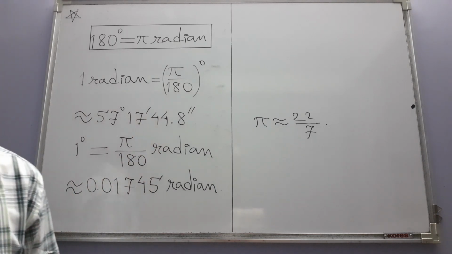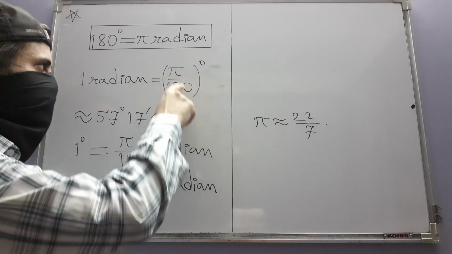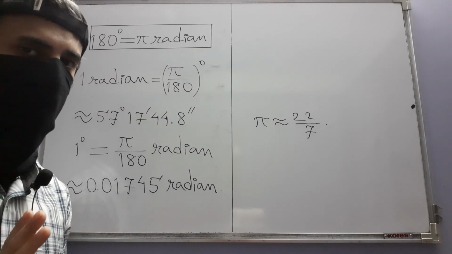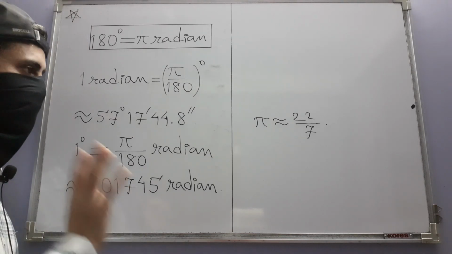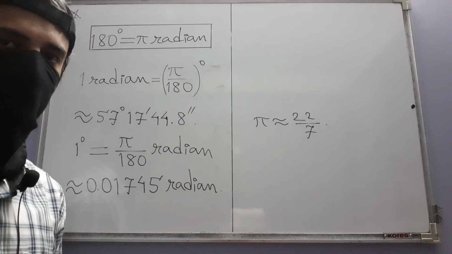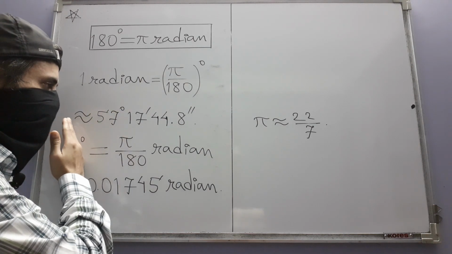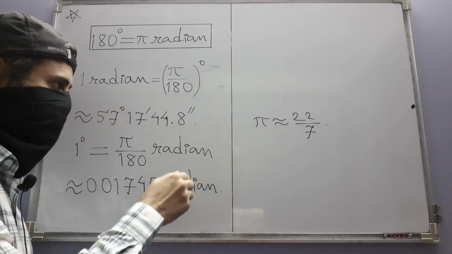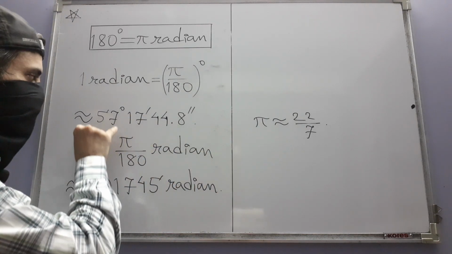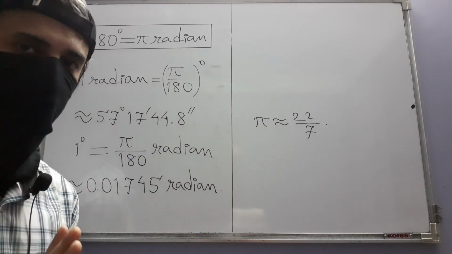So what you do here basically, if you use a calculator, say you divide pi by 180. You are going to get a figure like 57 point something. Then you take 57 apart, whatever is left will be 0 point something. You multiply that by 60, because you are going to get 57 point something degrees.